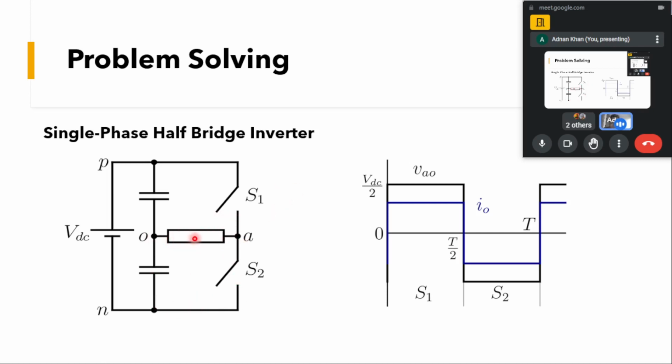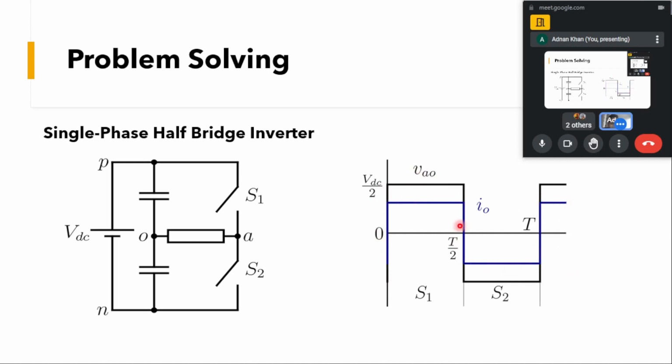What is being taught is, we know that in case of a resistive load, the load current will follow the load voltage. Since our load voltage VAO is a square wave, our current will also look like a square wave here.